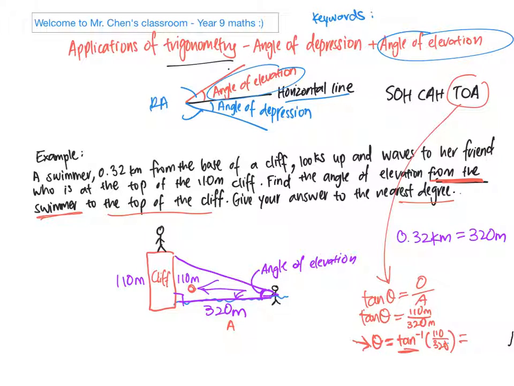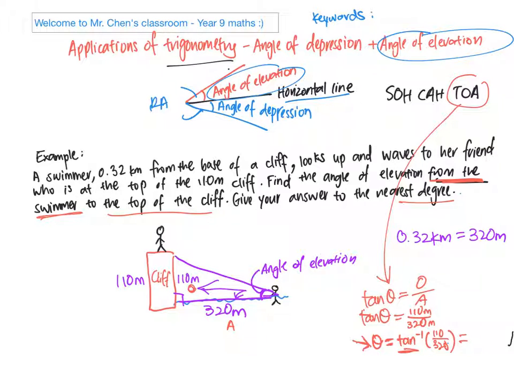So from there we will use the calculator. In your calculator you have to put in the value. For my scientific calculator, you either have Second F or Shift. In my case I have Shift. I press Shift and I will press inverse tangent, which is tangent to the power -1.